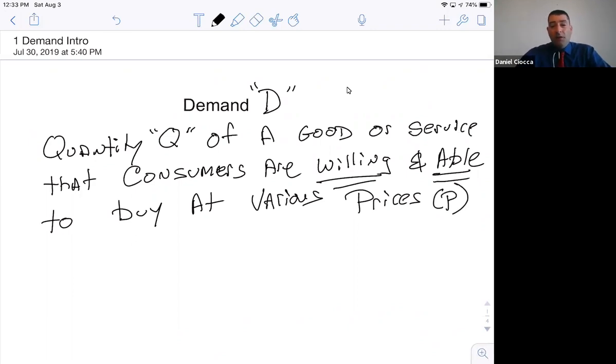Demand is the quantity of a good or service that consumers are willing and able to buy at various prices.